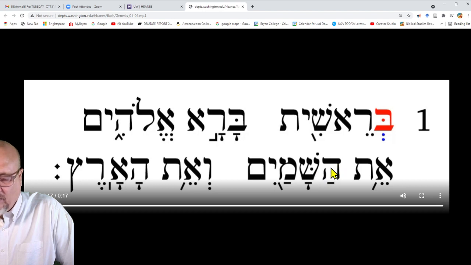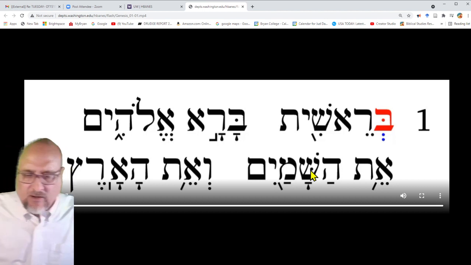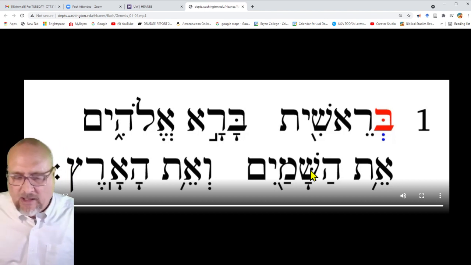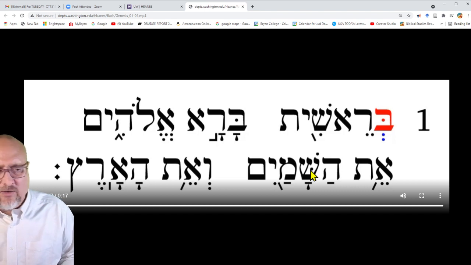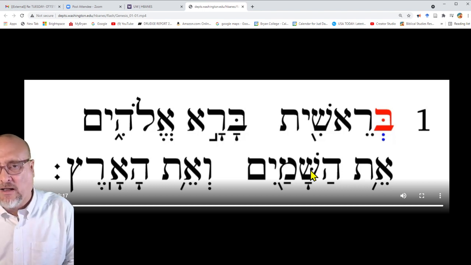So this syllable is hashamayim. So that dot, dagesh lene and dagesh forte, a doubling dagesh or a begad kafat dagesh. So kind of new thing.